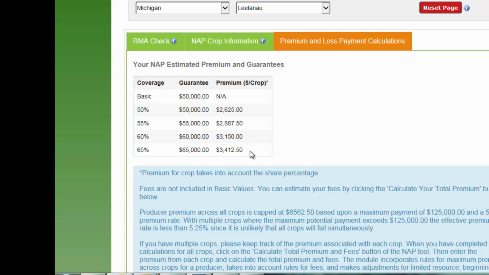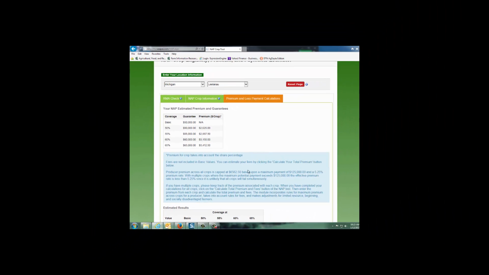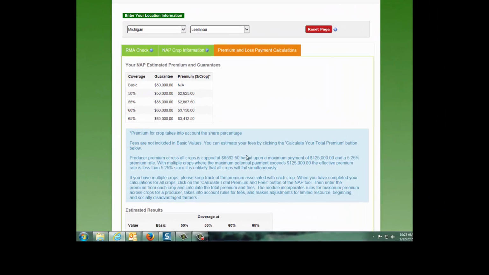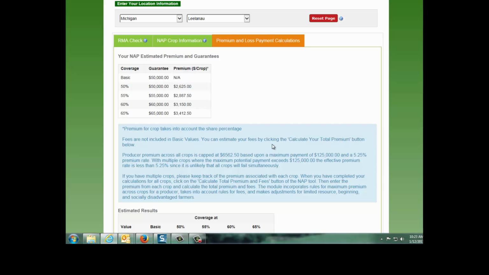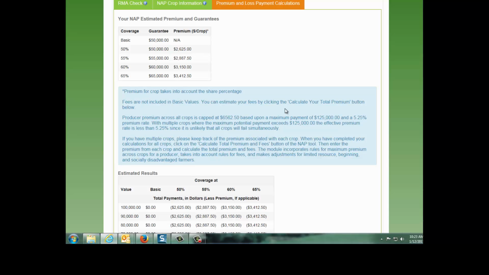Then what would happen is if there was some type of disaster, for example, and you go out and count dead trees, if over half the trees are gone, and there could be other factors, but if half the trees are dead, you would start collecting at that point on the 50% policy. On the 65% policy, if over 35% of the trees were dead. There's the same thing as before. There is some maximum premium on all those, and we'll go through and look at an example of how that happens in just a minute.